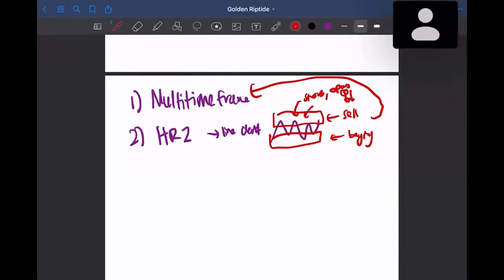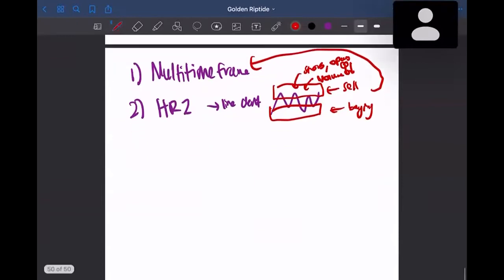We can check volume. If it goes to that area, does it stay long or not? So things like that we can check.